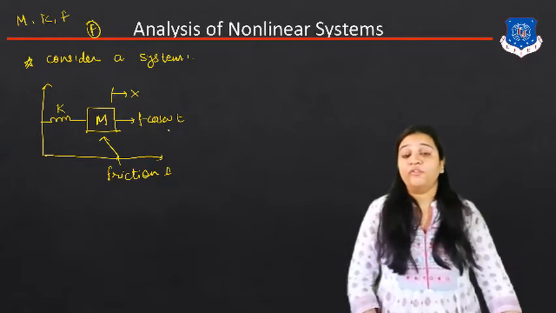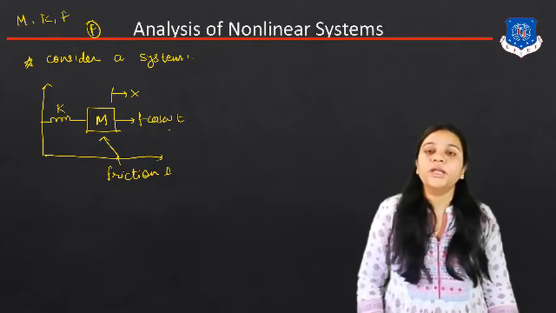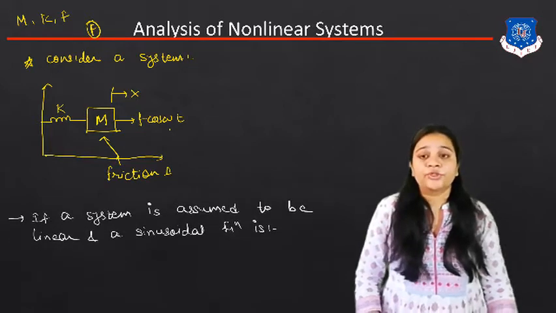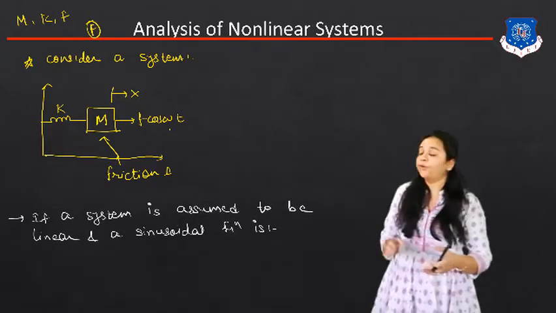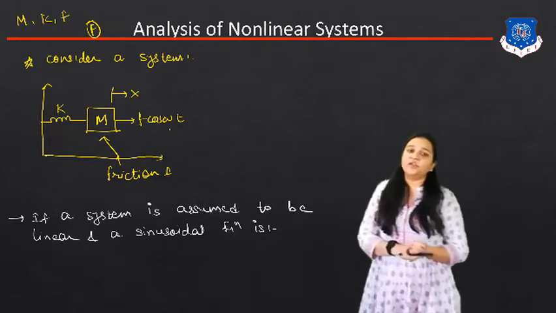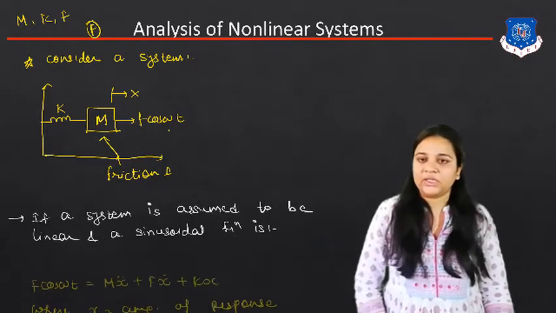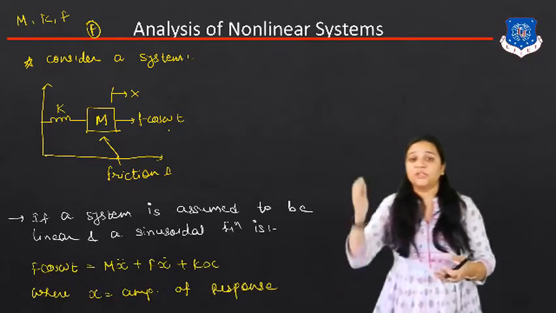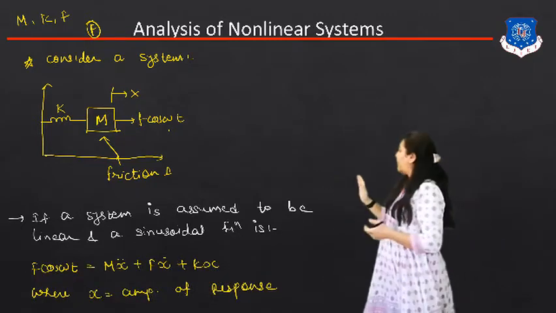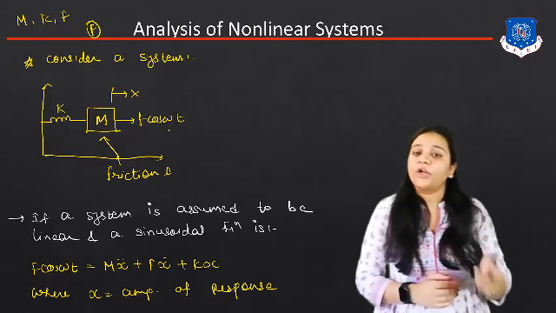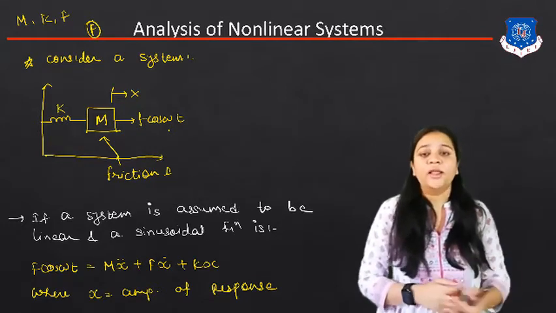Now if we have to write the differential equation for this mechanical system, assuming the system is linear and the input is a sinusoidal function, what is the equation? F cos omega t is equal to m x double dot plus f x dot plus kx.